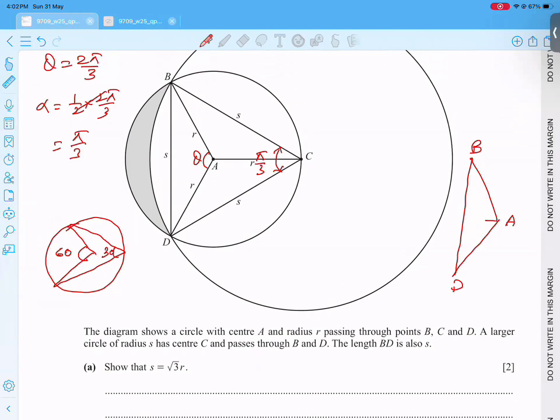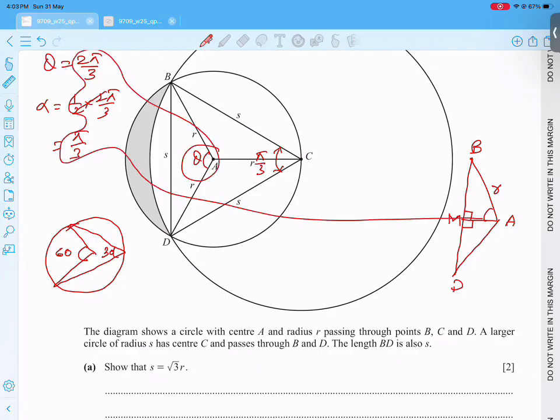I draw a perpendicular, and this is M for midpoint. This is the radius, and this is theta, which is 2 pi by 3. If I make it half, it gives pi by 3. So this is pi by 3.